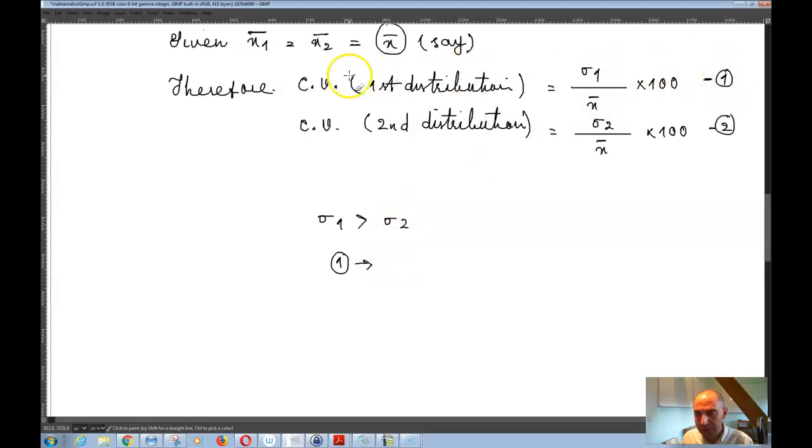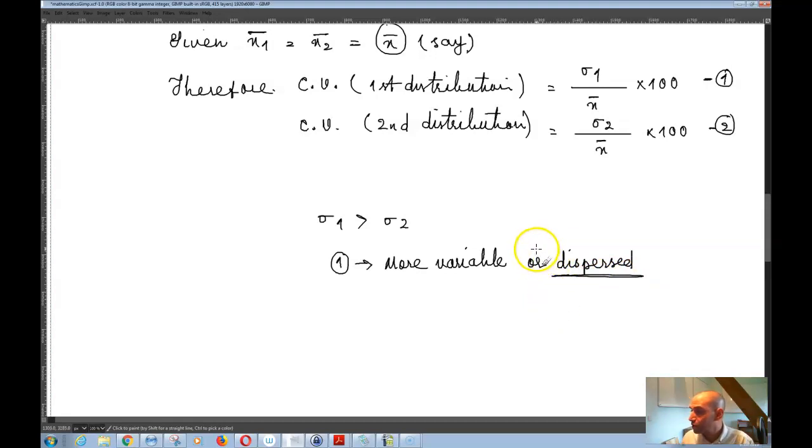Then you call this first distribution more dispersed or variable. More variable or dispersed. That's it. It's an unusual word.